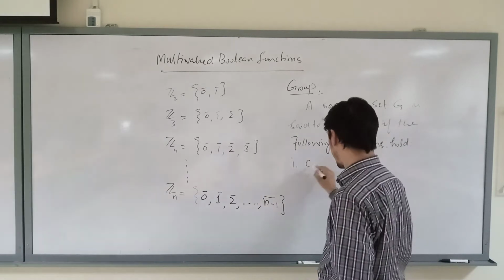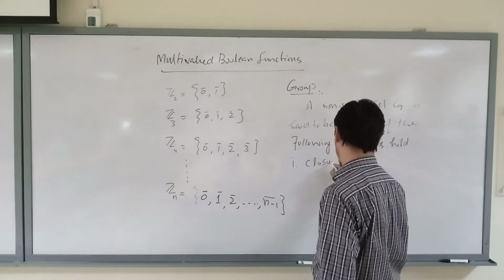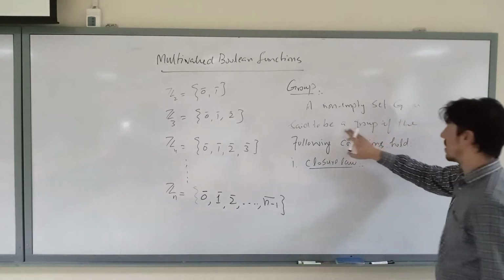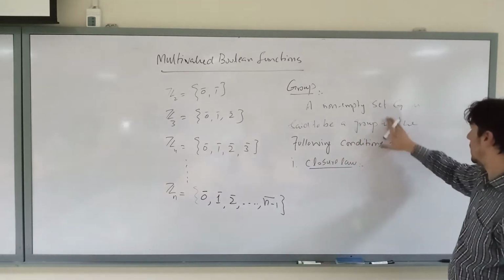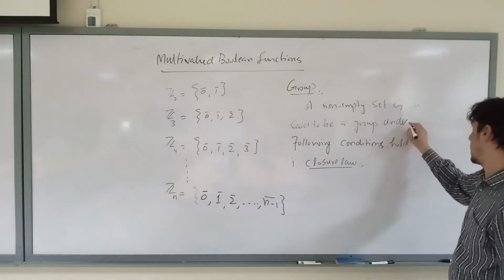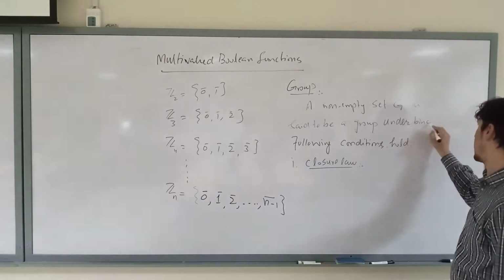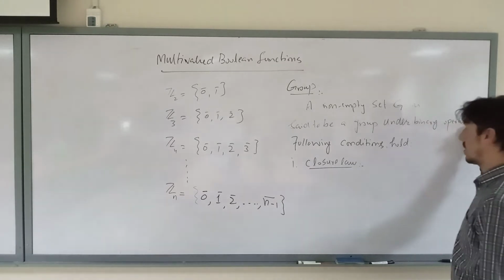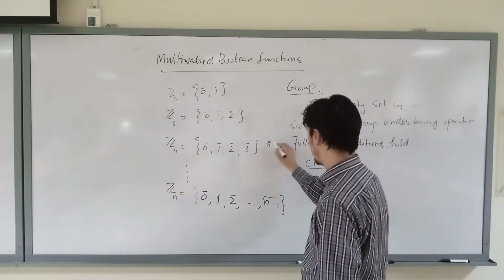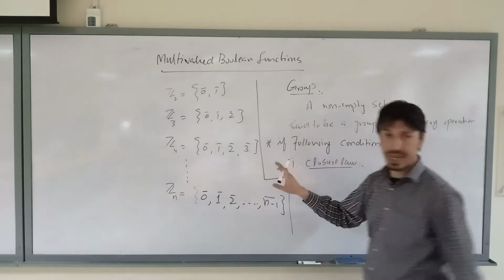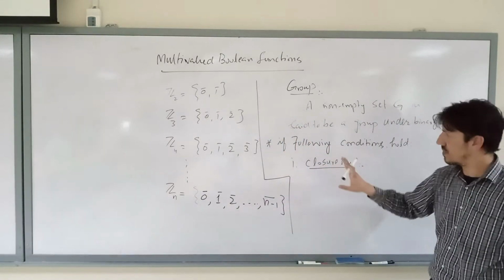Number 1, closure law. G is said to be a group under binary operation star, where star is any binary operation.